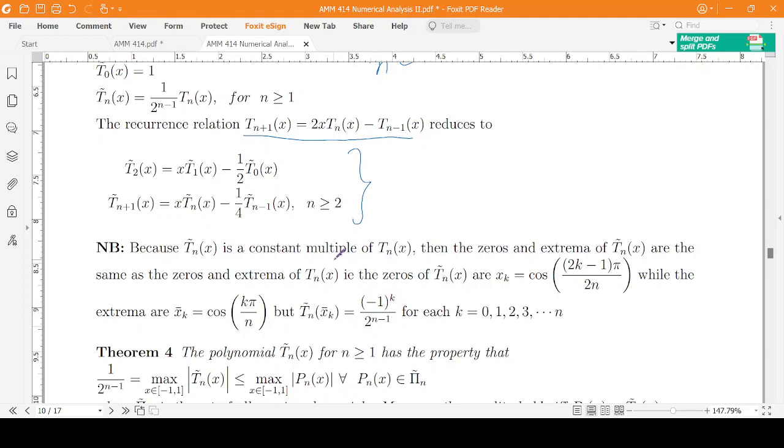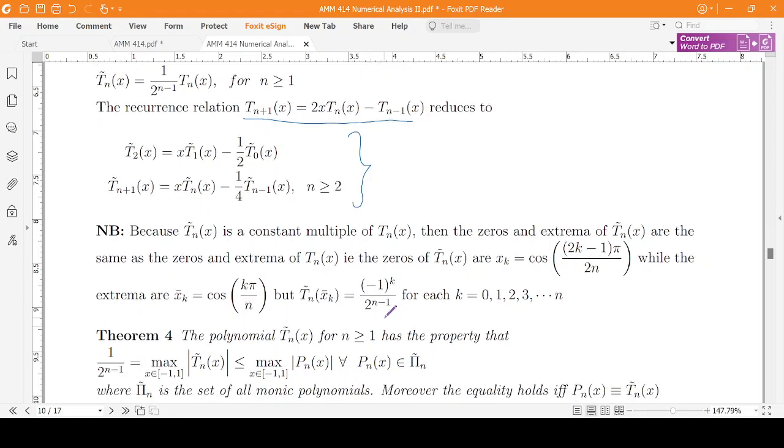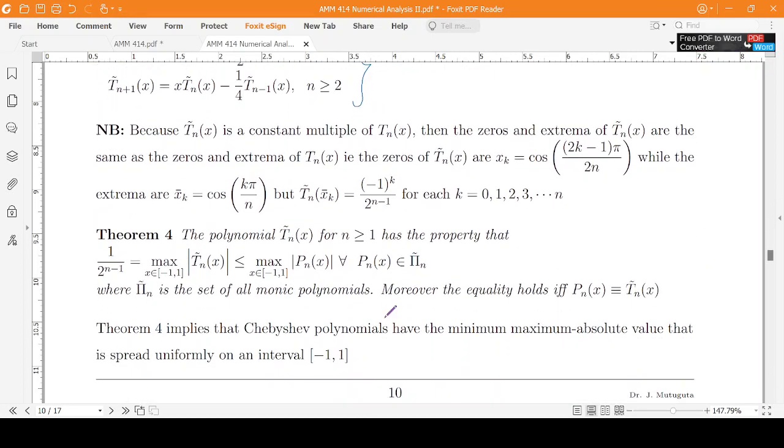So we had seen that for the Chebyshev polynomial, the values of the maximum and the minimum points were defined by minus 1 raised to power k. So we'll just be dividing this by 2 raised to power n minus 1 to get the associated maxima and minima. So anything else remains the same.